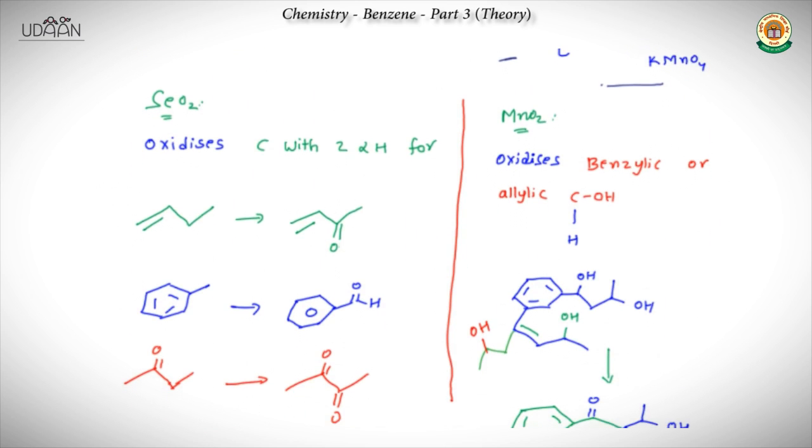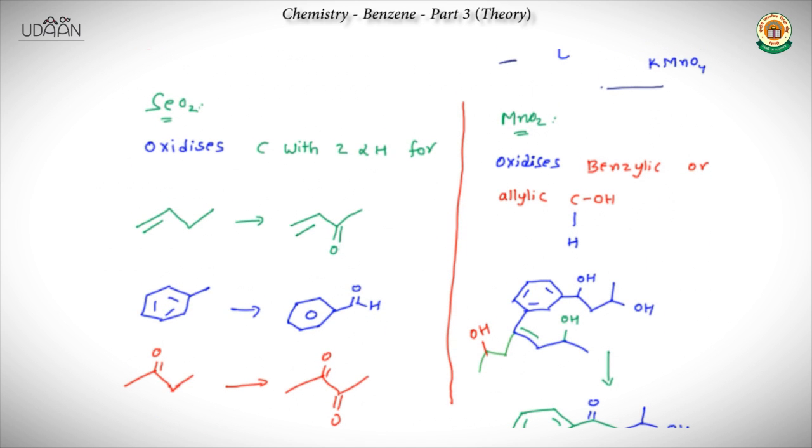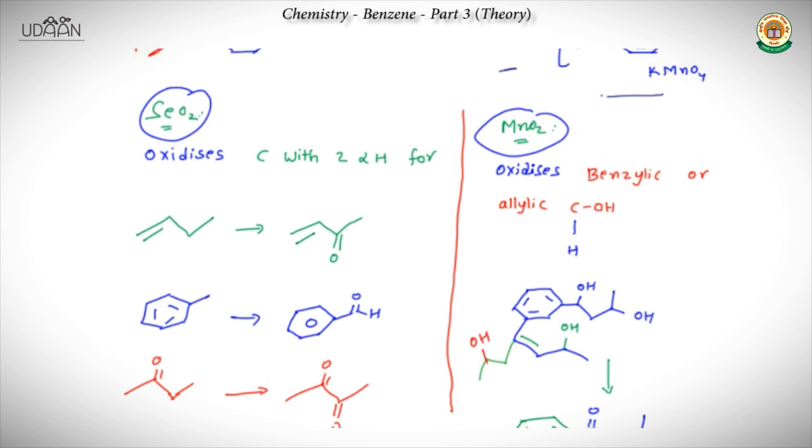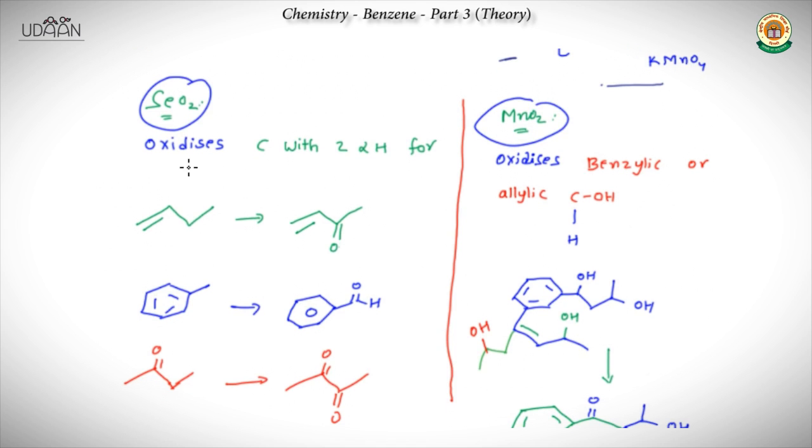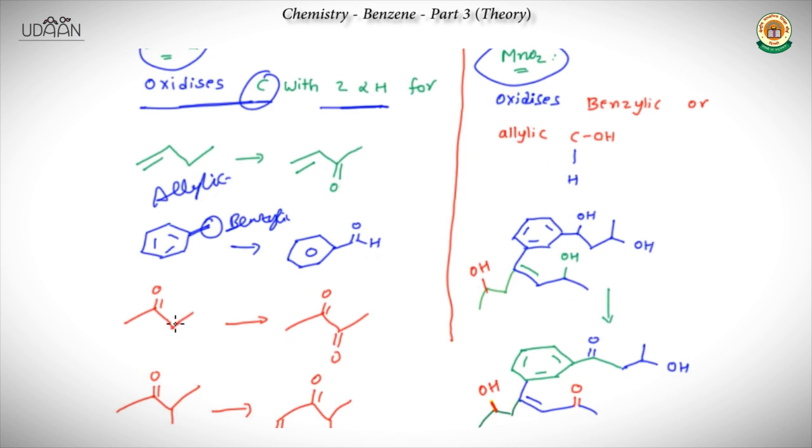Now at this point I want to discuss some more reagents, which are SeO2 and MnO2. What this SeO2 does is it oxidizes carbon with 2 alpha hydrogens which is adjacent to, say, Ph, a single bond, or allylic bond, that is either benzylic or allylic, or even alpha to C=O, like this one.